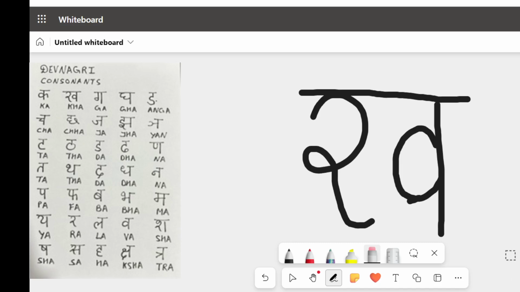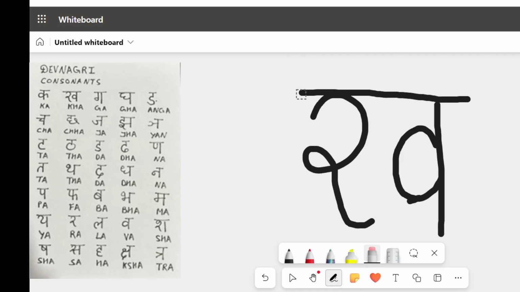Also, this line that you see on the top, that we put in the end from left to right, is used in Hindi to connect multiple letters as a single word. For example, if you're writing a two letter or three letter word, you write the letters back to back, and in the end you put this line on top from left to right, connecting all the letters as a single unit, as one word.